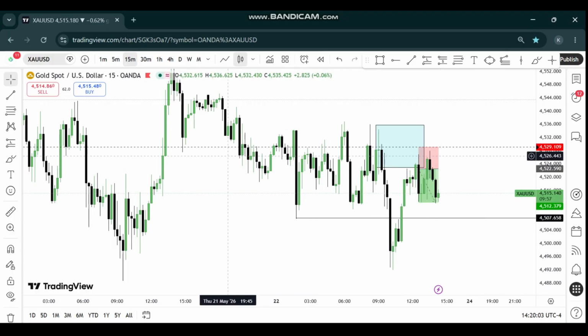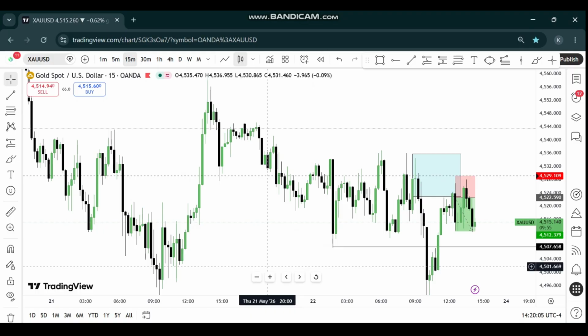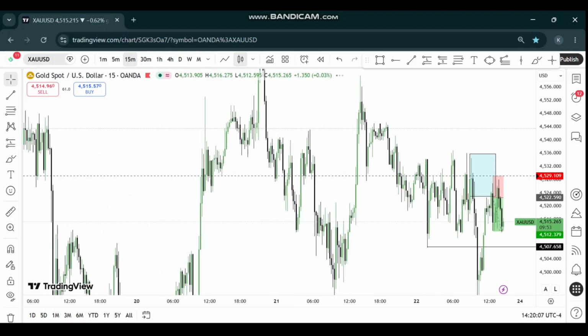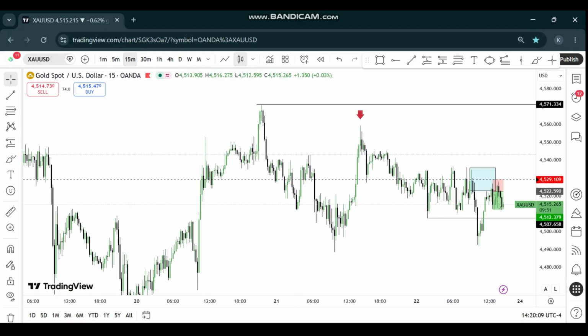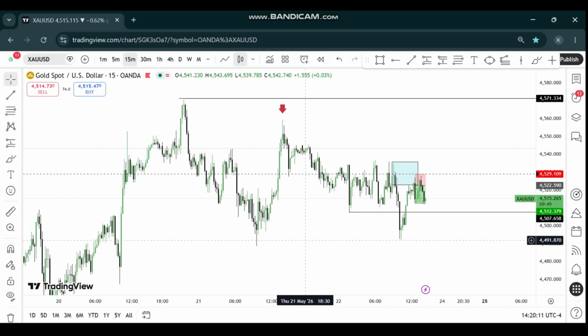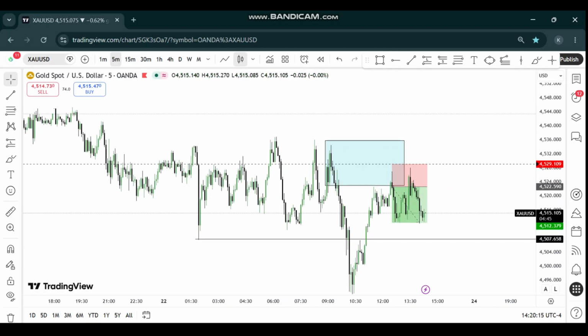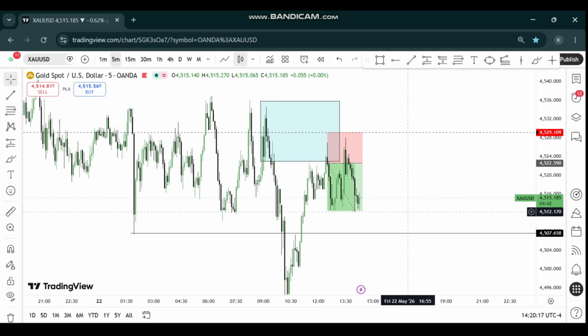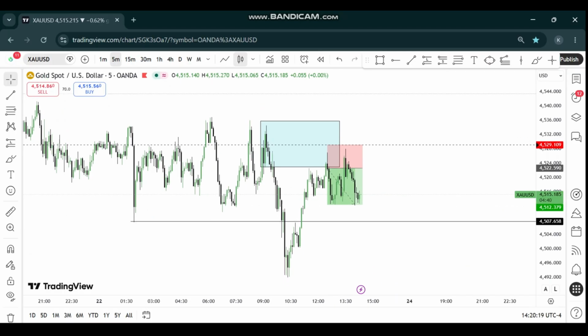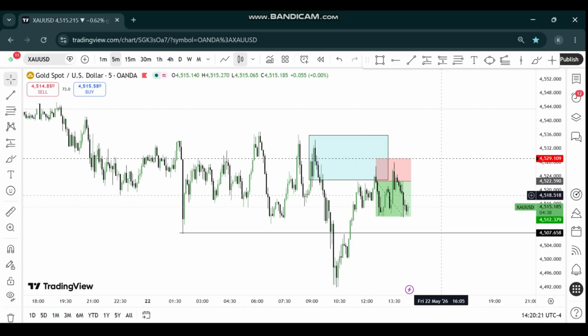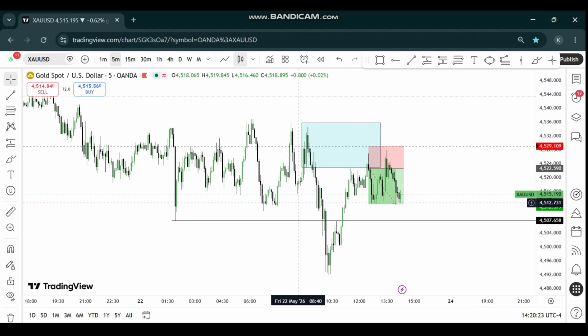So this is what it looks like on the 15. Again, this is the time frame that we get our direction and our bias from in the strategy. Then we drop down to the 5 for our structure and our support and resistance areas, our supply and demand, whichever you want to use.